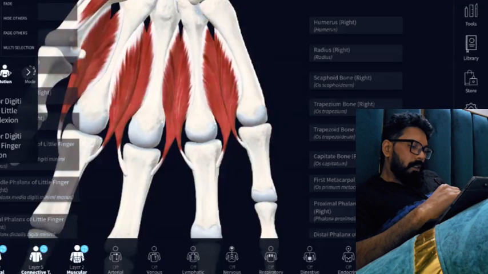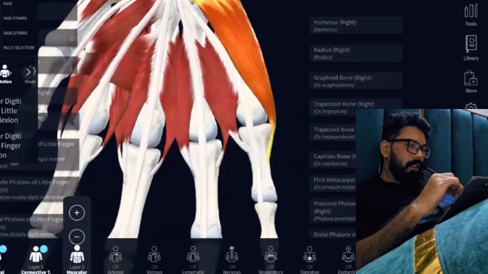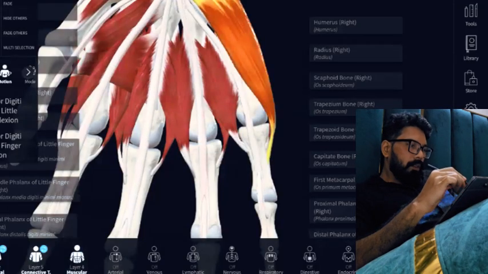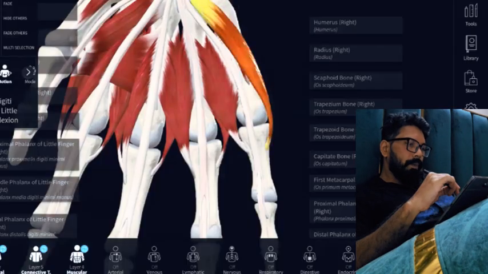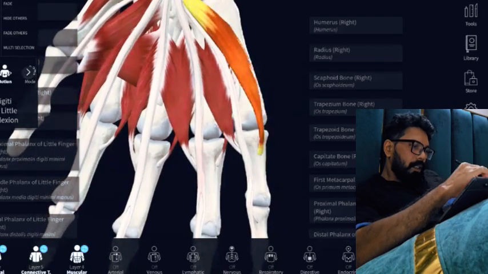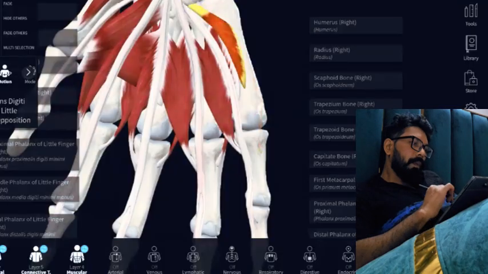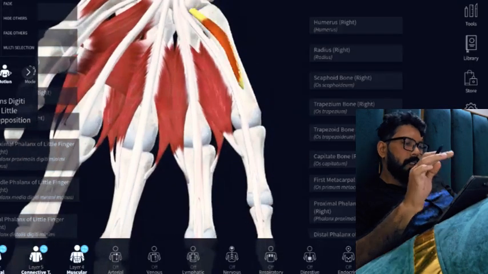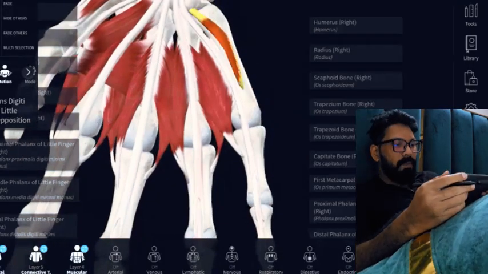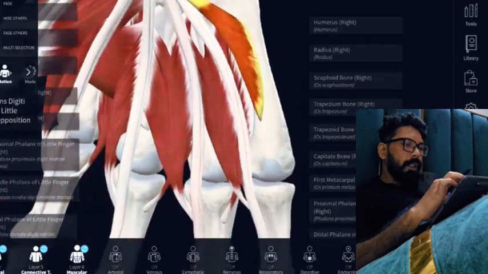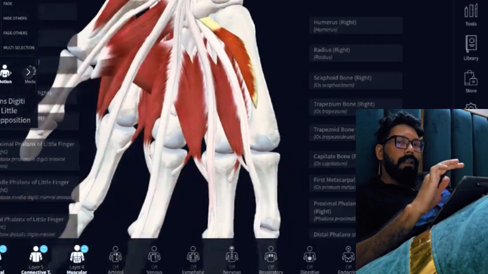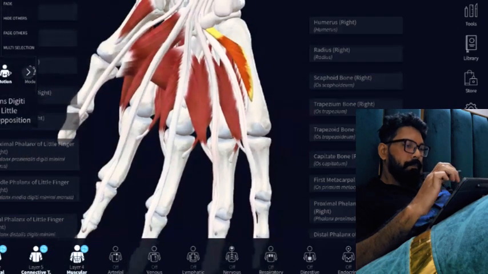Then we have opponens digiti minimi. Pardon my mistake. So this is your opponens digiti minimi. All three of these are the hypothenar eminence.